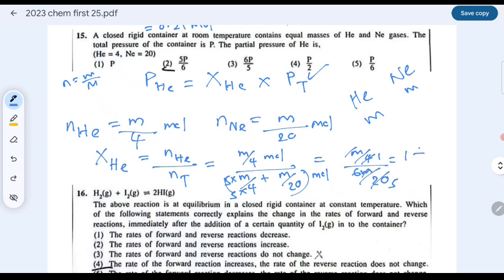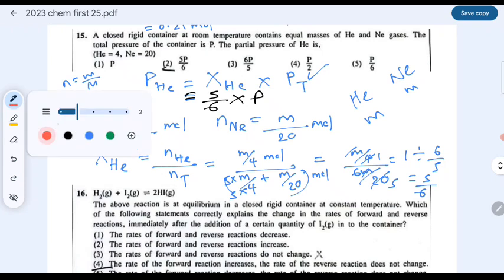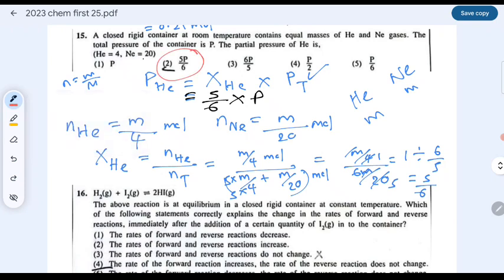So this is 1 divided by 6 over 5, which means 1 into 5 over 6. 5 over 6 is the answer, right? 5 over 6 is the answer. So this is the mole fraction. Then we found the mole fraction of helium as 5 over 6. Then the total pressure is P. So the answer is what? 5 over 6 P, which is the second answer. So the answer is 2 for the 15th question.